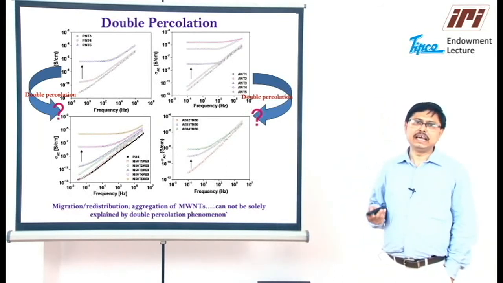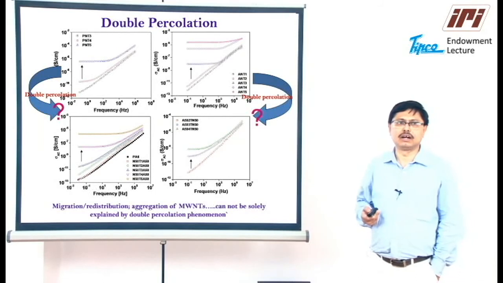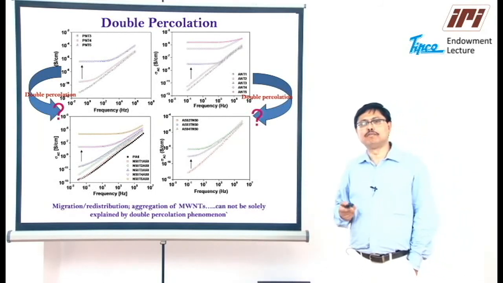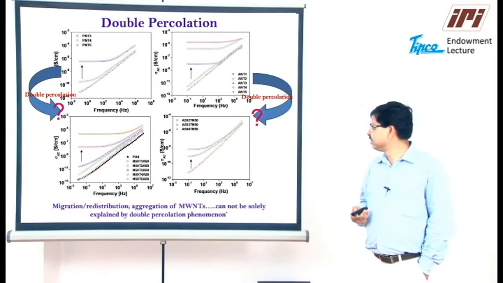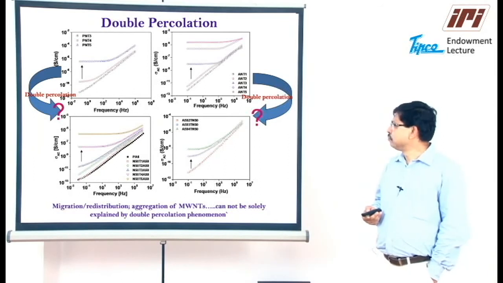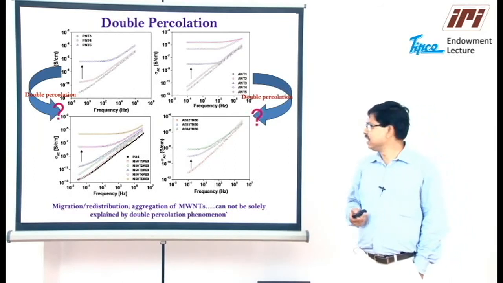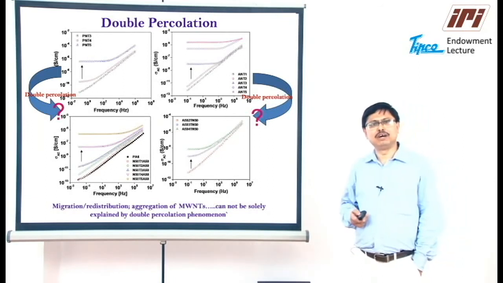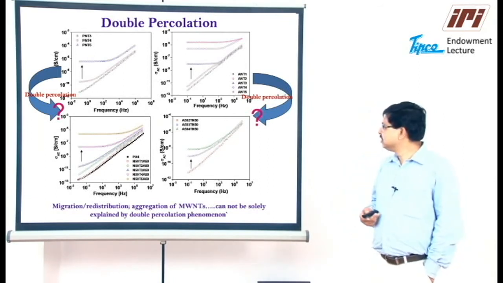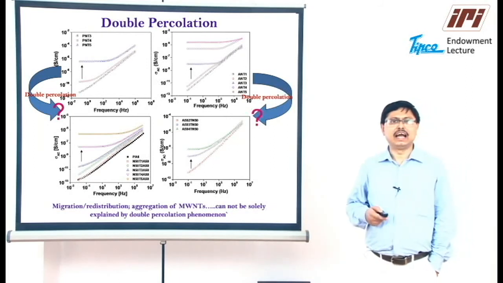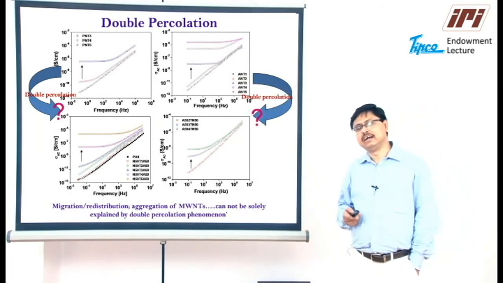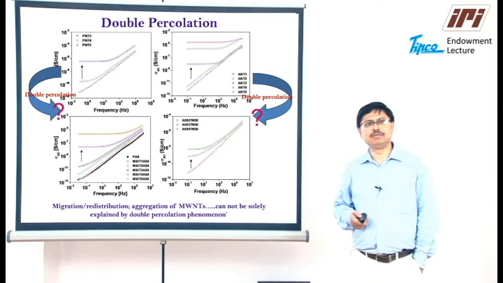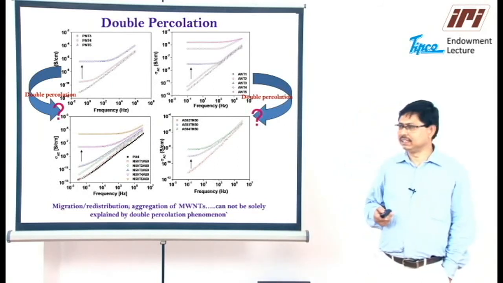That means the ABS can be mixed with the multi-wall carbon nanotubes initially, followed by mixing with the polyamide 6 phase. It shows that if we mix the polyamide phase initially with the multi-wall carbon nanotube material, it yields higher conductivity as compared to mixing ABS with the multi-wall carbon nanotubes followed by the polyamide 6.